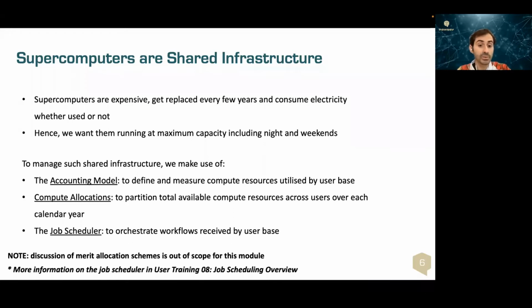And the third one is the job scheduler, that is the piece of software that actually orchestrates and manages the various pieces of computational workflows that need to be run by the various users of the machine. And so we're going to cover the first two items here in this module, whereas we're going to defer the job scheduler to module number 8, which is the next one.